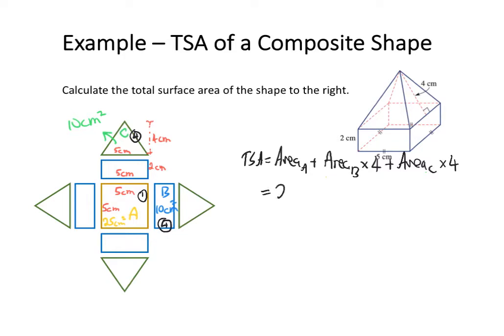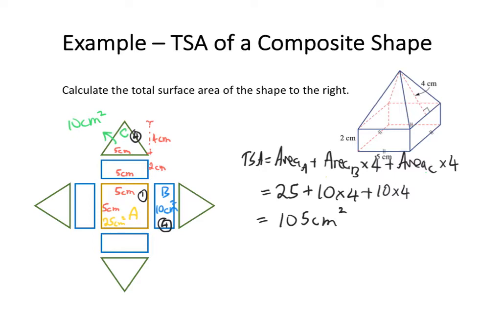Substituting in the values, so 25 plus 10 times 4 plus 10 times 4, and that is going to equal 105 centimeters squared. So the total surface area of the composite shape in our example is 105 centimeters squared.